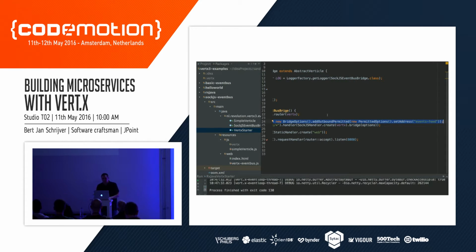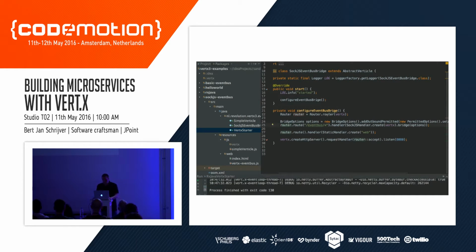So you can say there's one outbound route permitted and it's the address events feed. So this says verticals can send events outbound to the events feed. Then I'll route on the event bus endpoint, create a sock.js handler and bridge with these options. I'll serve the static resources in the web folder, which I've just shown you here. And then I'll create an HTTP server which listens at 8080 and starts serving requests.